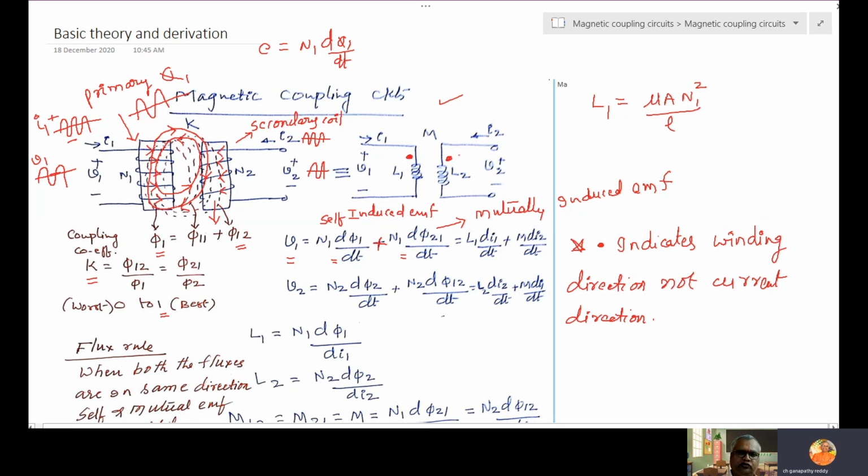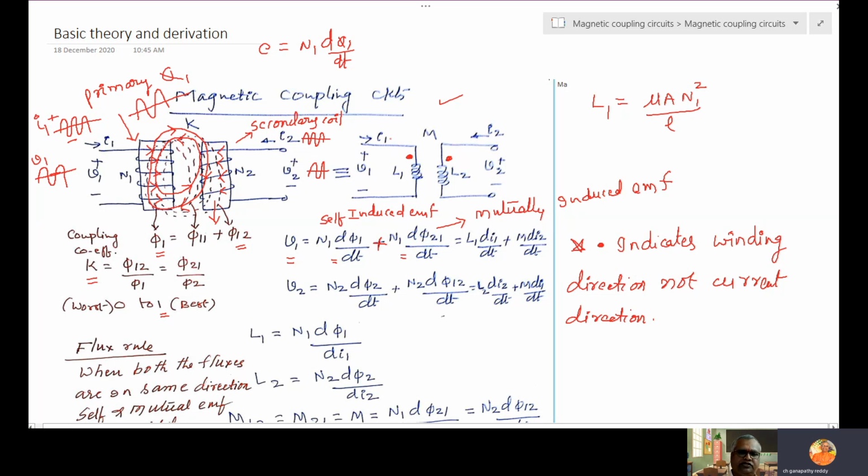If red is connected to the dot, black is connected to the undotted. When current I1 is entering at the dot, definitely that voltmeter will read a positive quantity. The same way, when I2 is entering at the dot, sensing at the dot is also positive.